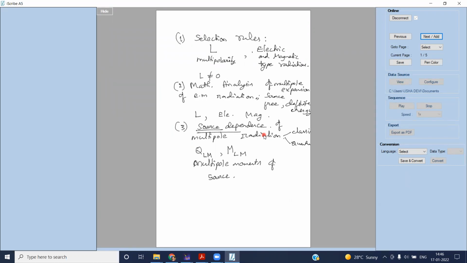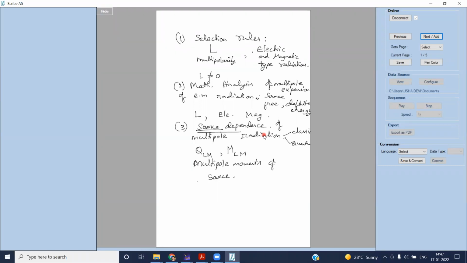I told you multipole moments are nothing but the electric dipole moment, magnetic dipole moment. They all depend on our charge distribution, and the transition probability of finding a radiation with a particular L value, multipole value, depends on whether the source has a multipole moment of order L. How it depends explicitly is given by the amplitudes which depend on the multipole moments.